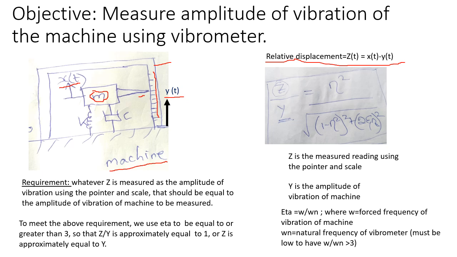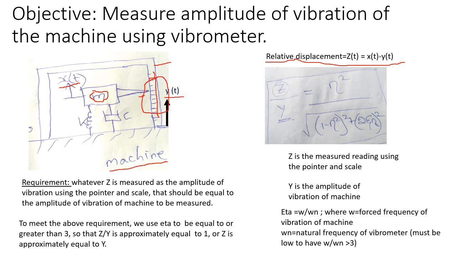So what is z of t? Z of t is actually the measurement that you make here. This pointer points to some reading on this scale, and that will be z of t. But what do you want to measure? You want to measure y of t.